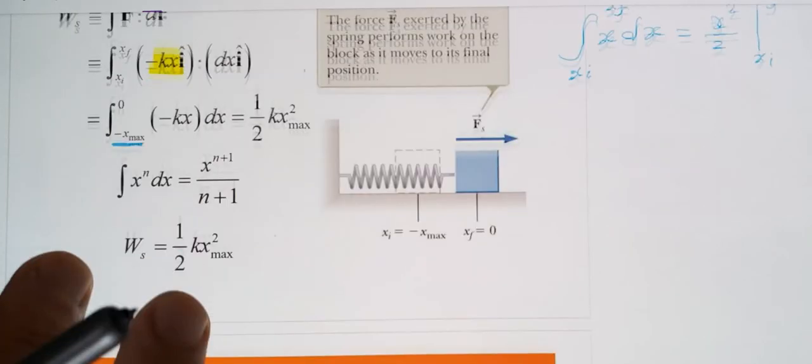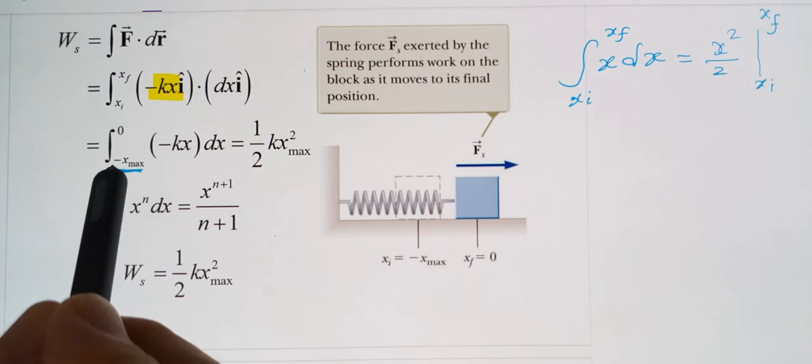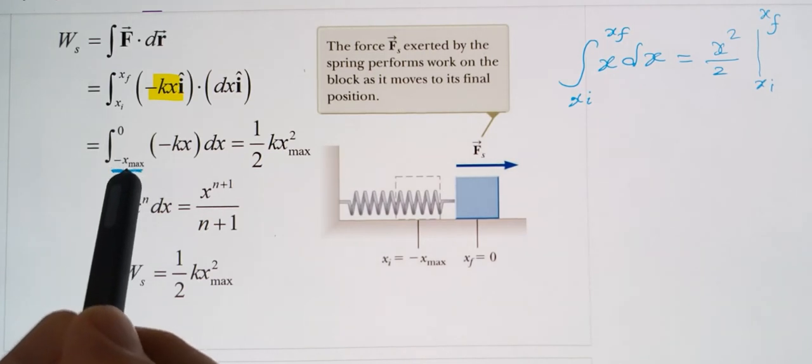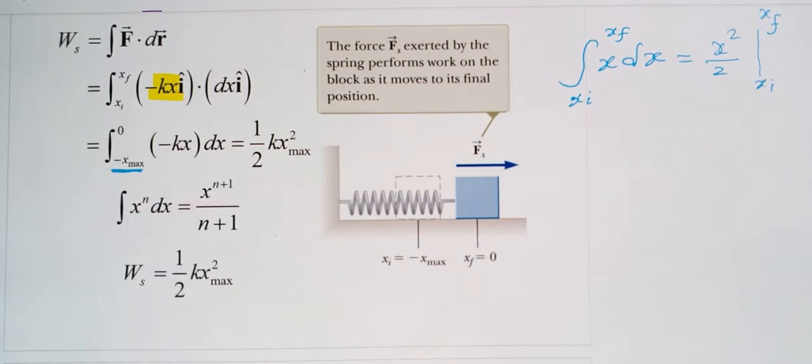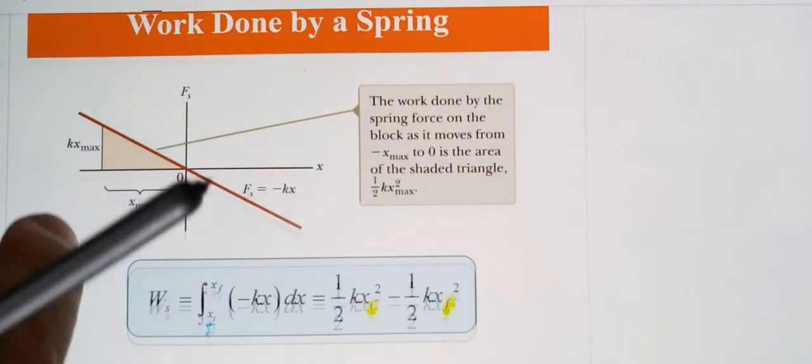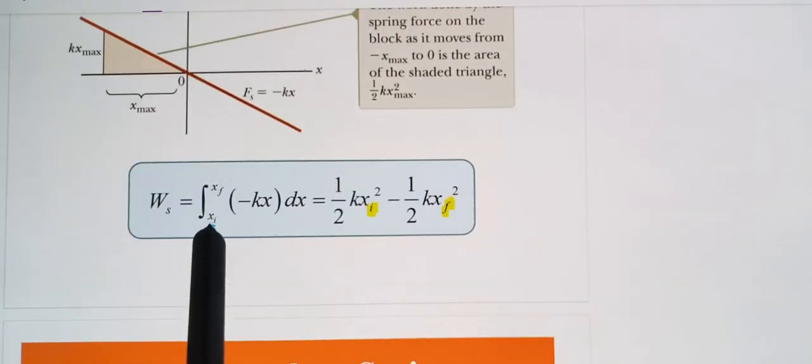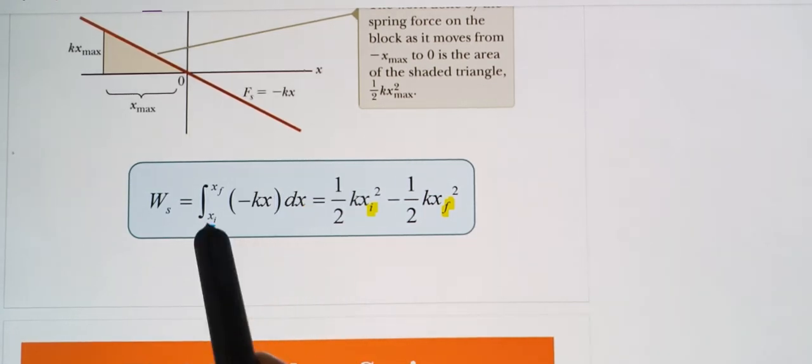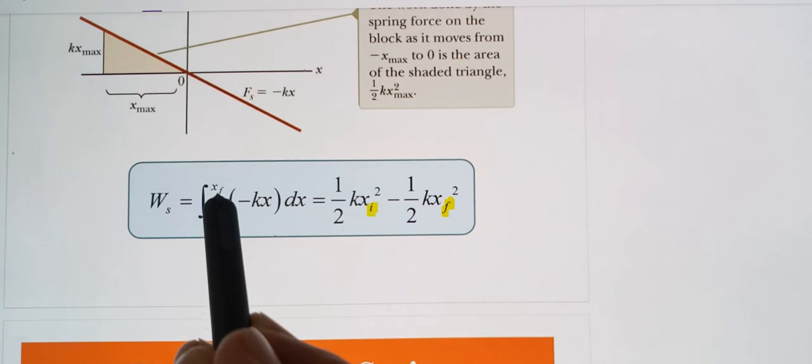In the previous example, we already had a minus x to start with, so the minus sign disappears. But here, because we don't know the initial value of x, it's x initial to x final.